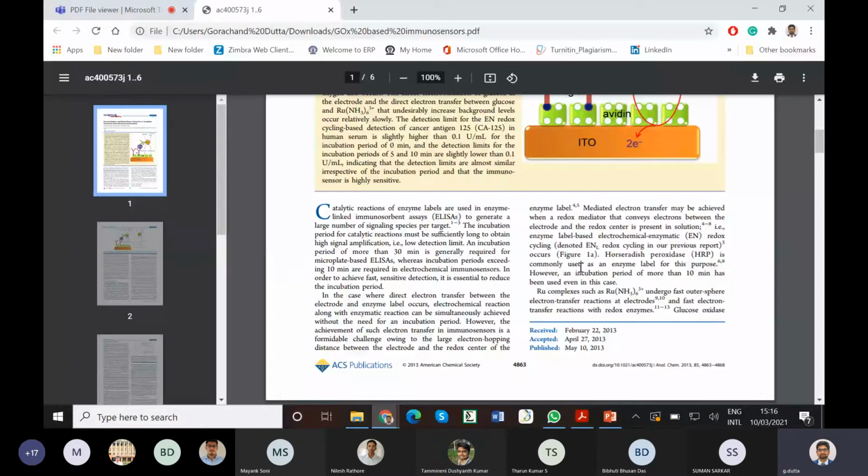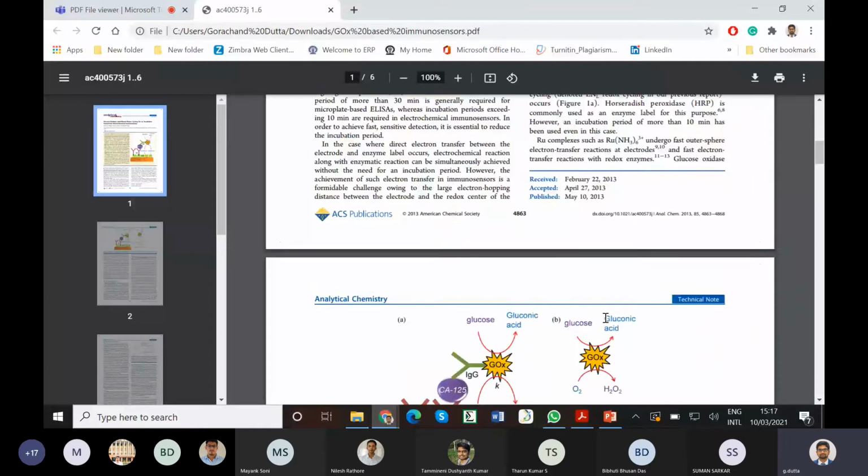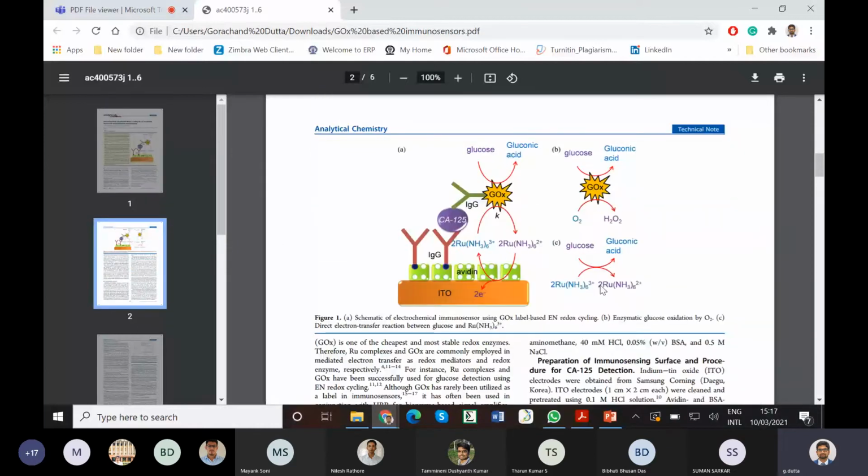So if you check references 6 to 8, then you will see that people actually use this enzyme for biosensor development. So from one paper you will get many other papers. You can read them, or if you are not interested, you just read these sentences. So like this, you will get the idea from the reference and introduction part.